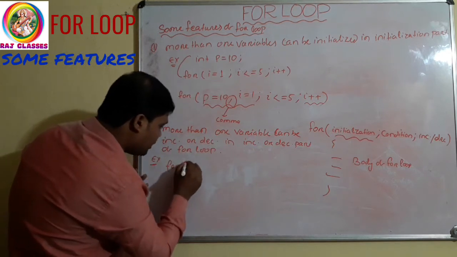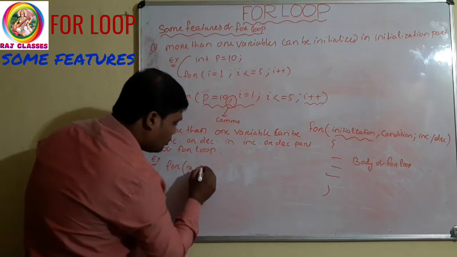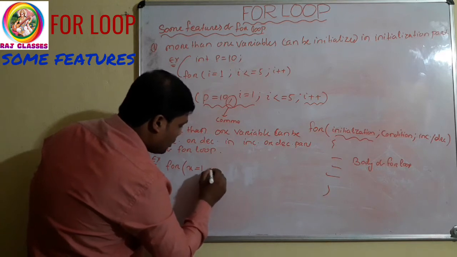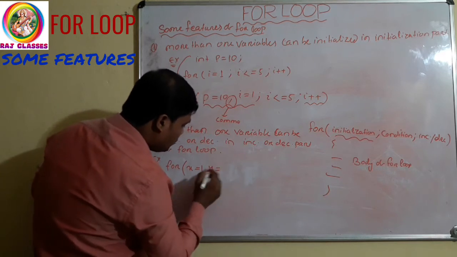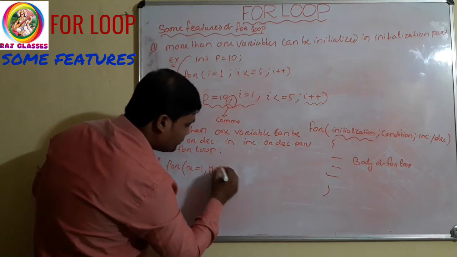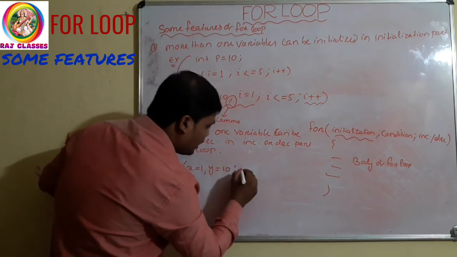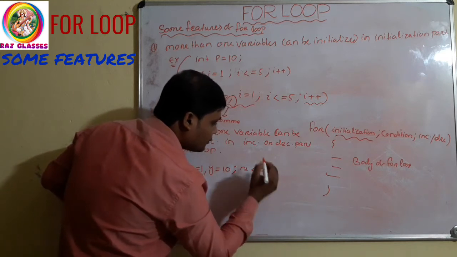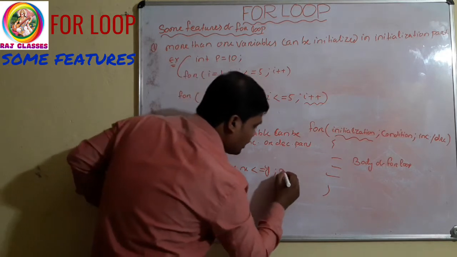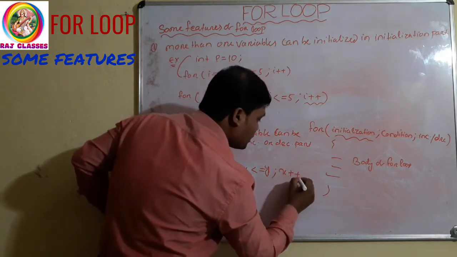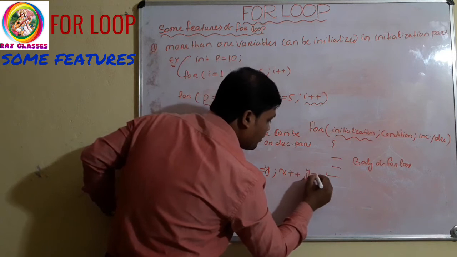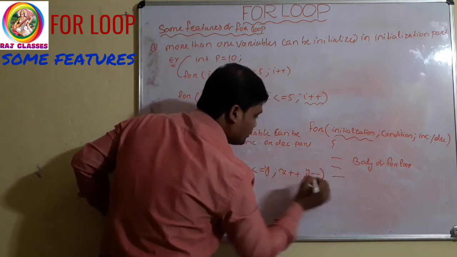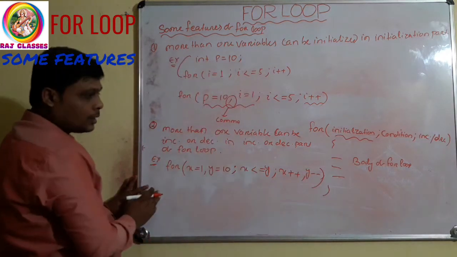Suppose I am writing here x equal to 1, comma, y equal to suppose 10, semicolon, x less than equal to y, then semicolon, x plus plus, comma, y minus minus. Just see this example.